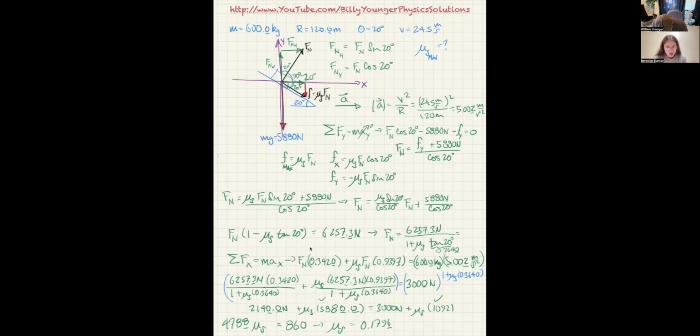Okay, let me check. I have 0.12. That was one of the choices, but not 0.17, or 0.18. I do not see 0.18.